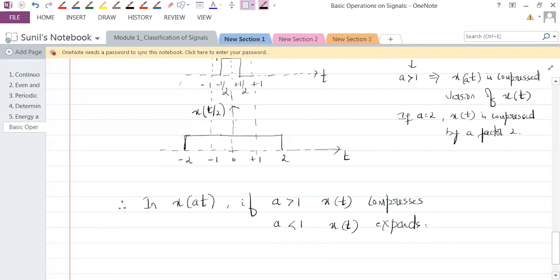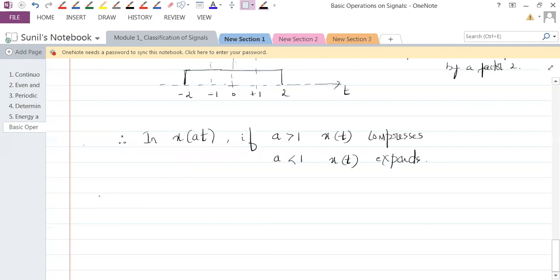Just remember this. Fine. Now, let's consider the discrete time signal. Consider a discrete time signal.